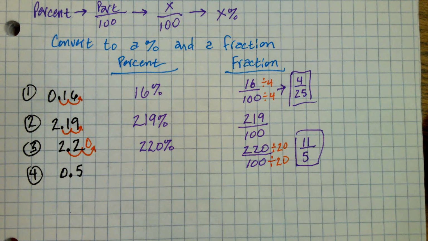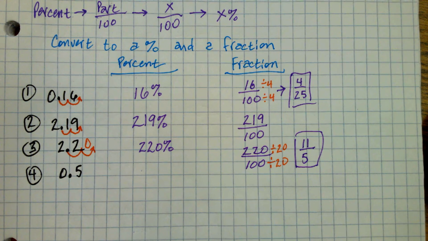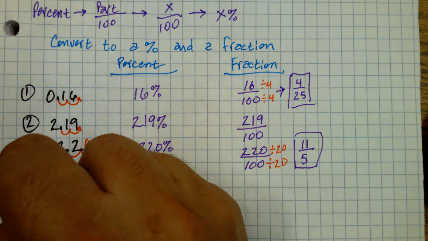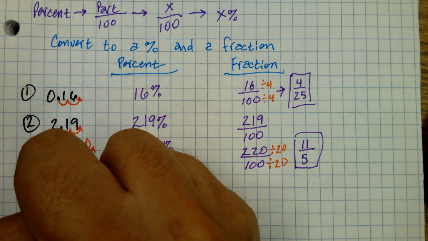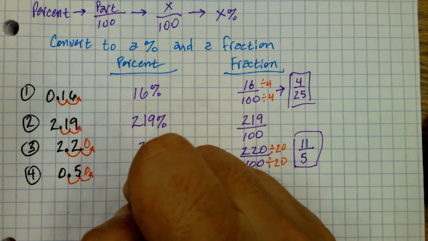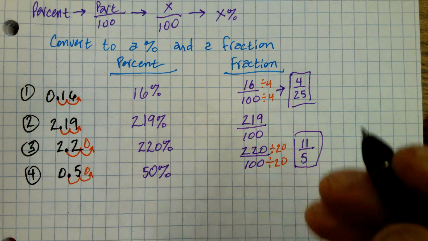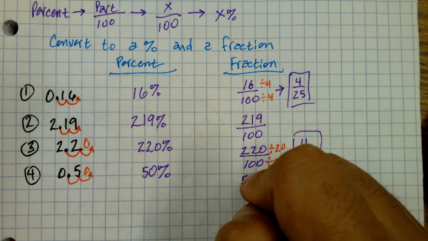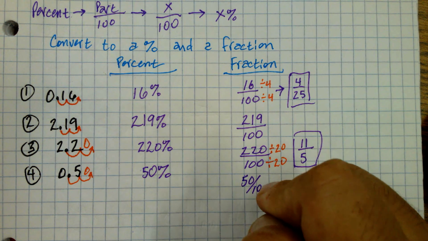All right. And of course, one we should all know, 0.5 is 50%, which starts off as 50 over 100.